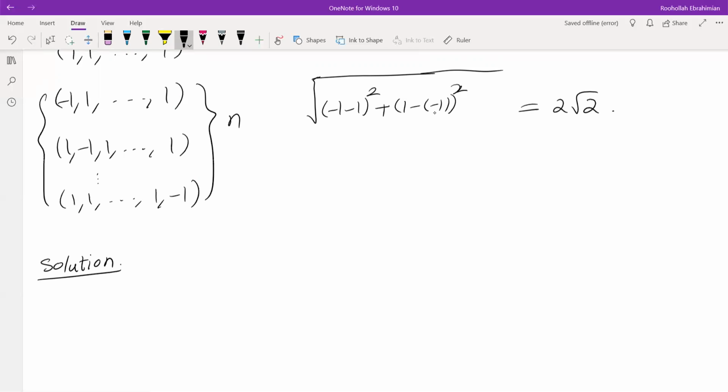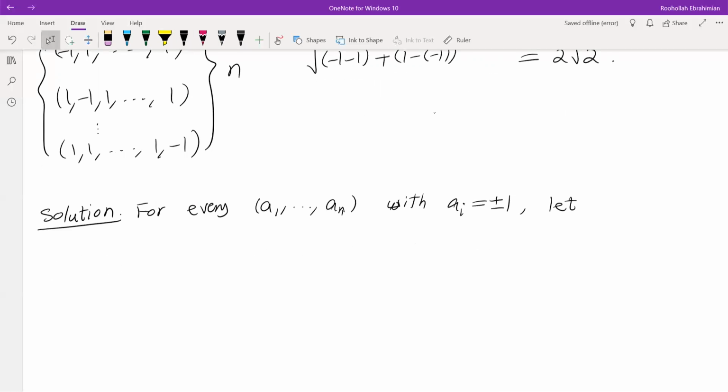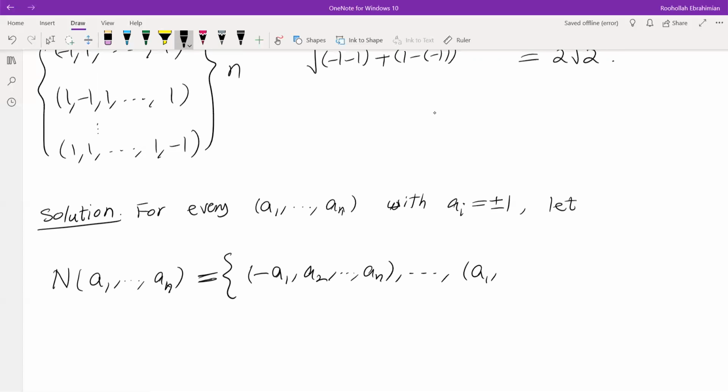So here's what we're going to do now. For every A1 through AN with AI equals plus minus 1, I'm going to call the neighbors of A1 through AN the set of all points negative A1, A2, all the way to AN, and so on, all the way to A1, through AN minus 1, and negative AN.